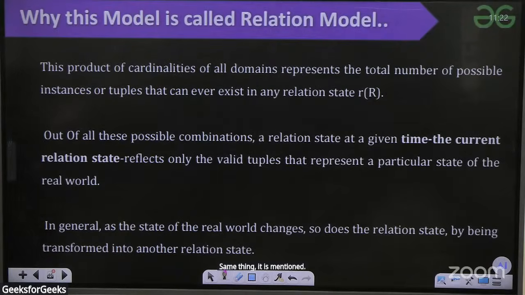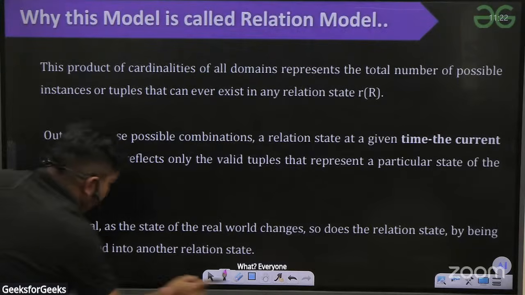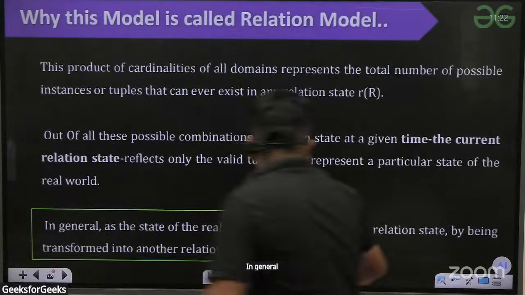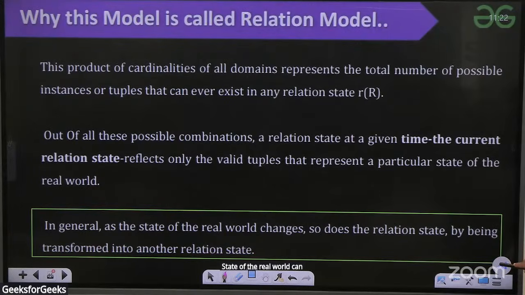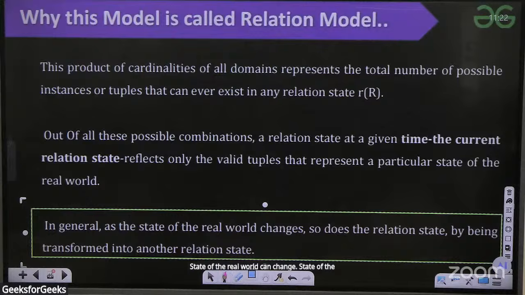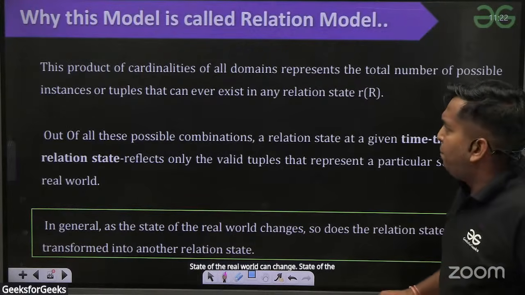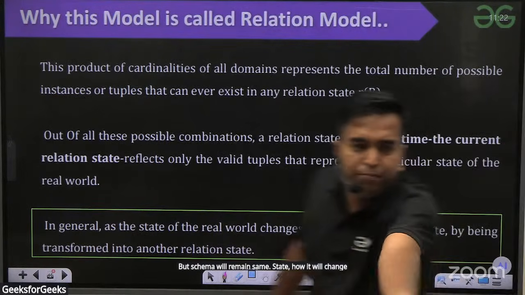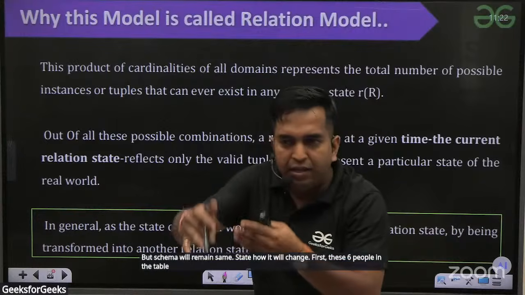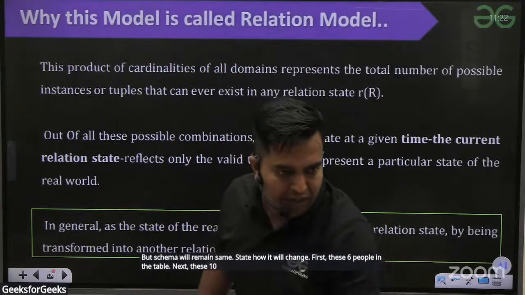Now please, you asked a question: in general, the state of the real world can change, but the schema will remain the same. State, how will it change? First, these 6 people in the table, next these 10 people in the table. Are you getting my point?